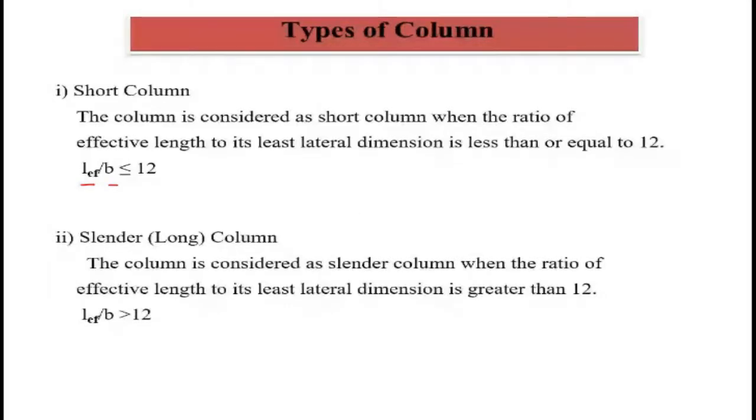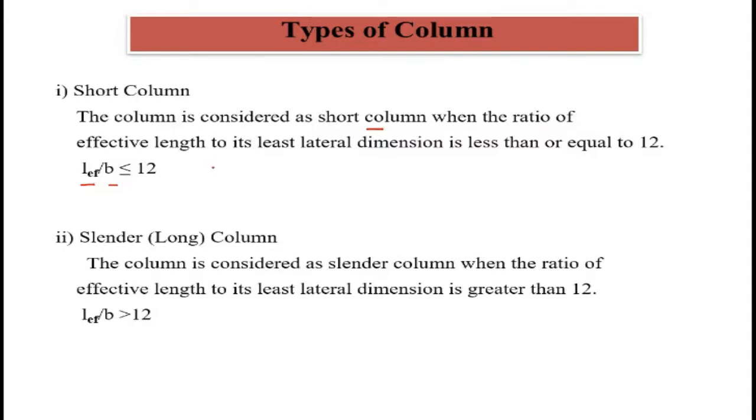Short column is categorized when the ratio of effective length, LEF, to its least lateral dimension, either B or D, either width or depth, is less than or equal to 12. Maksudnya kalau nisbah panjang berkesan kepada nilai lebar ataupun kedalaman kurang atau sama dengan 12, that one is short column.